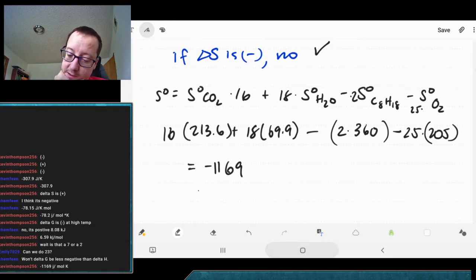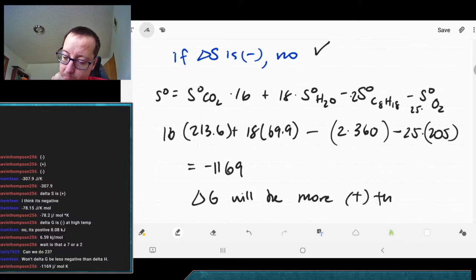So indeed, delta G will be positive, more positive than delta H. If we were making gaseous water, though, it probably would switch the other way around, but it's because it's liquid water at this particular temperature that's causing that.